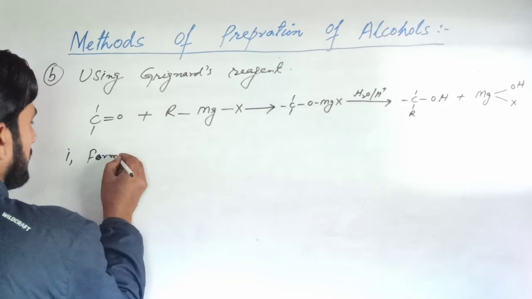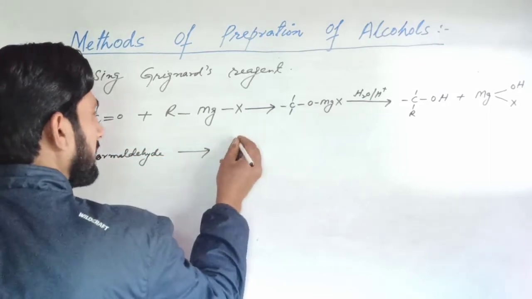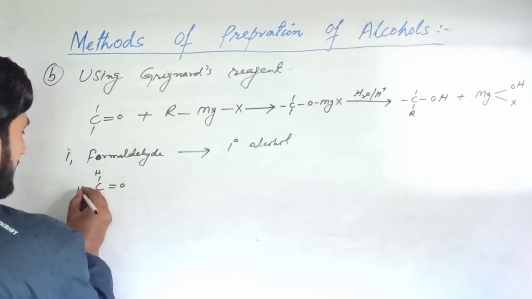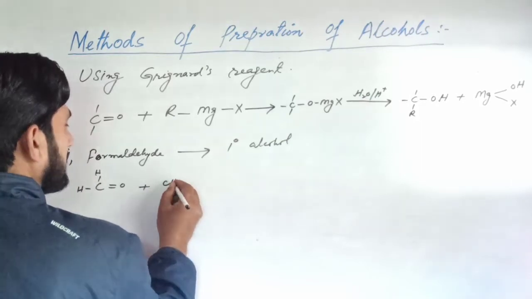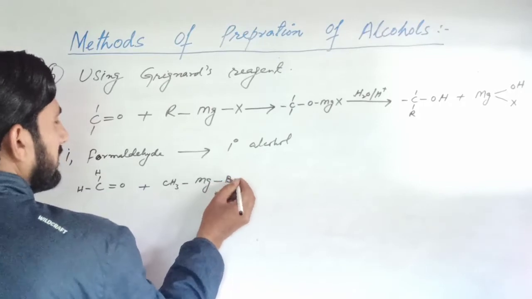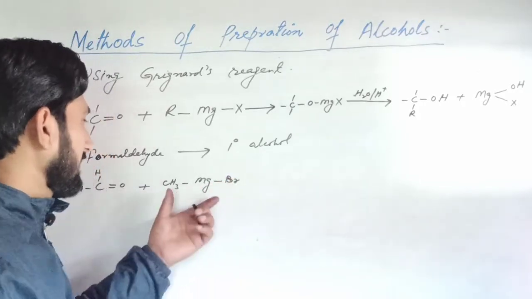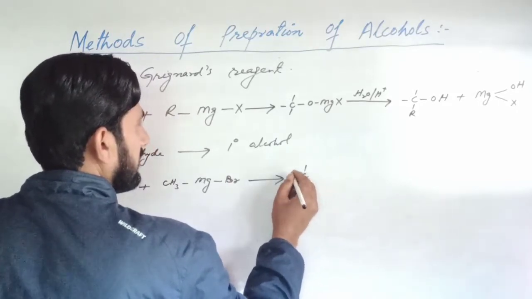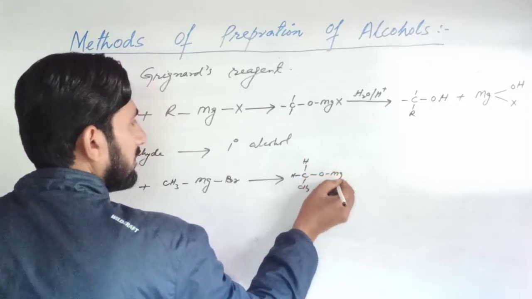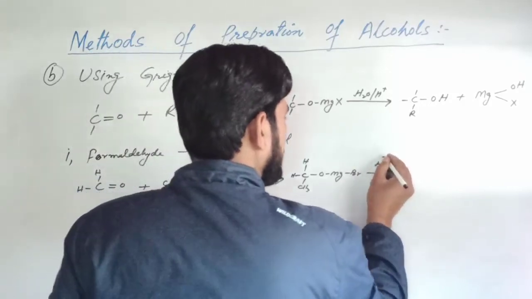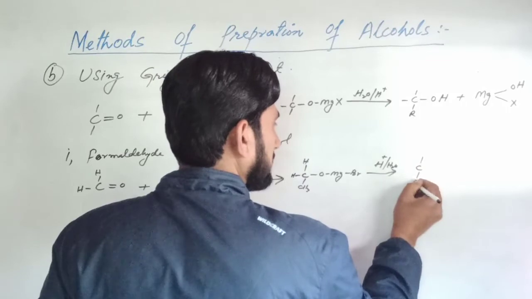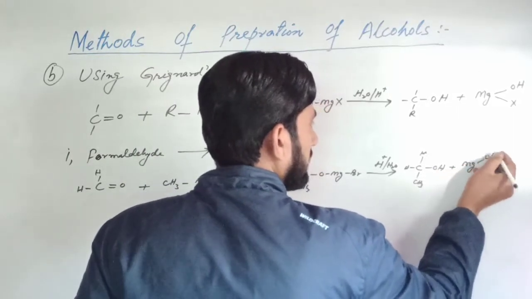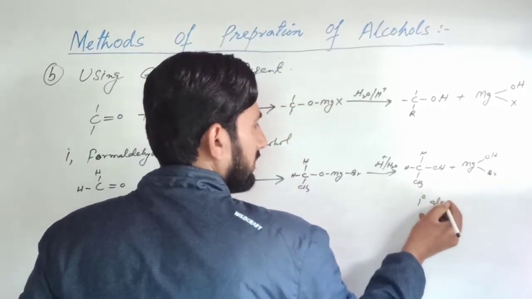Formaldehyde gives primary alcohol. Formaldehyde HCHO plus, suppose we have CH3MgBr, methyl magnesium bromide, which is a Grignard reagent, forms complex and then primary alcohol, ethanol.